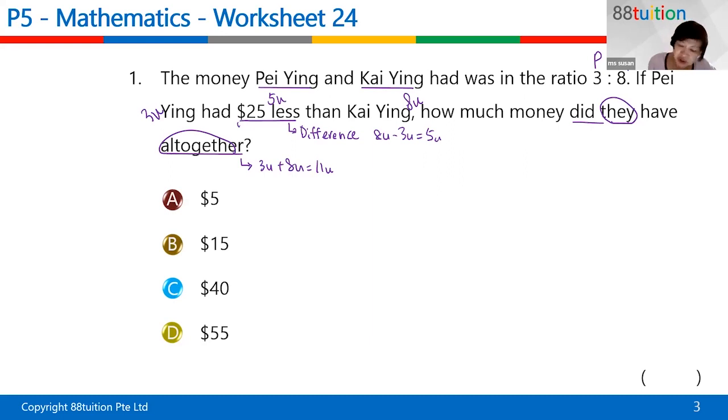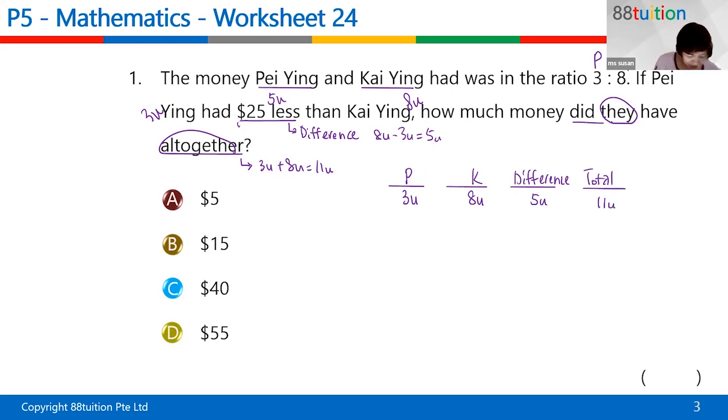All right, for those who think that this is simple, we can actually do a quick one. Okay, we say this is Paying and this is Tying. And the third column or even the fourth column will be good because we are going to find out the information. So Paying is 3 units, Tying is 8 units, difference will be 5 units, and the total will be 11 units.